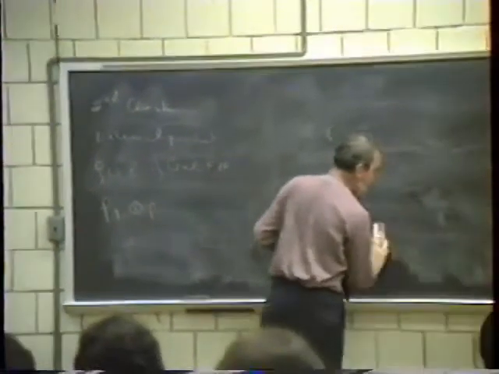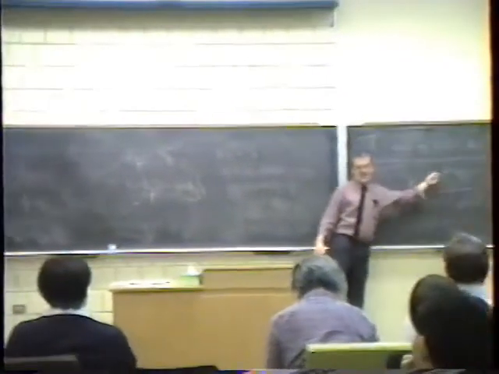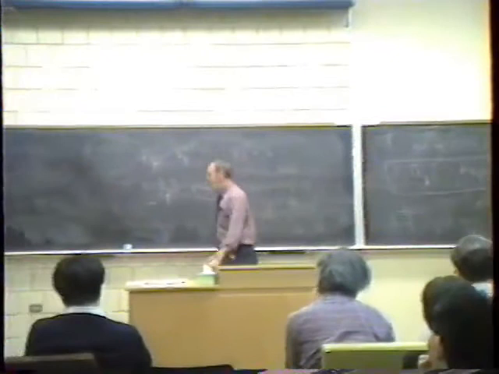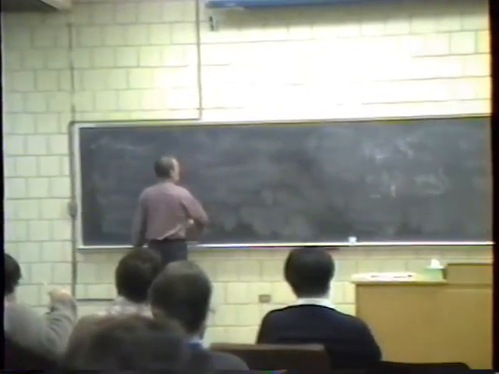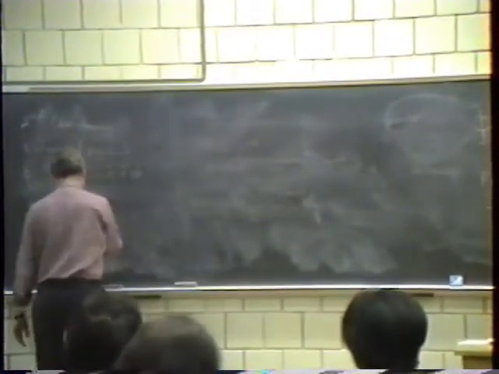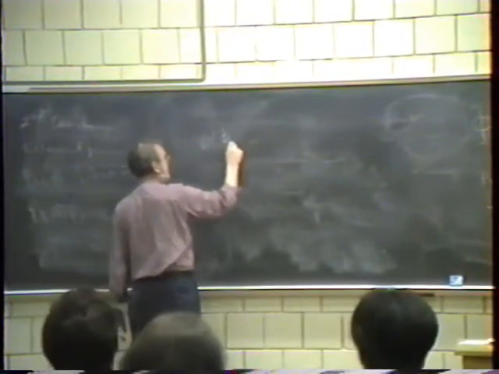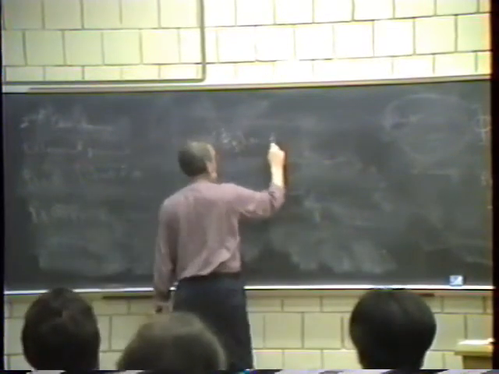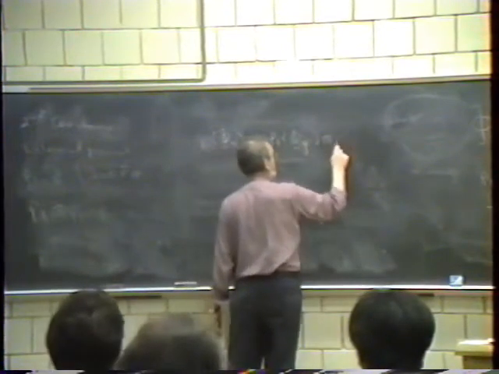I should perhaps have stressed that this is an equality as conjugacy classes, not an equality of matrices. I mean just that the matrices have the same eigenvalues. So that would mean that rho of phi sub p would be rho 1 of phi sub p tensor rho 2 of phi sub p.